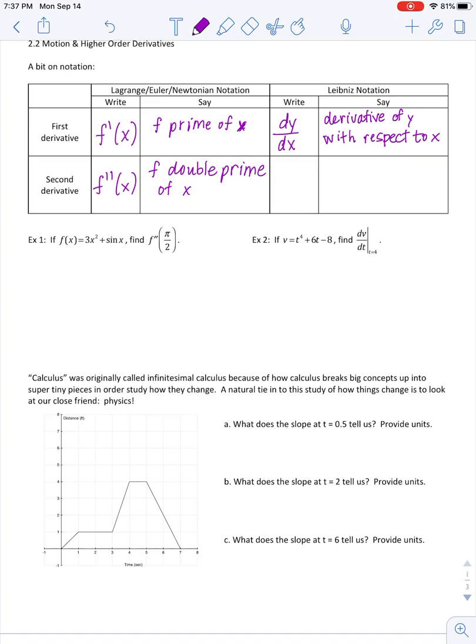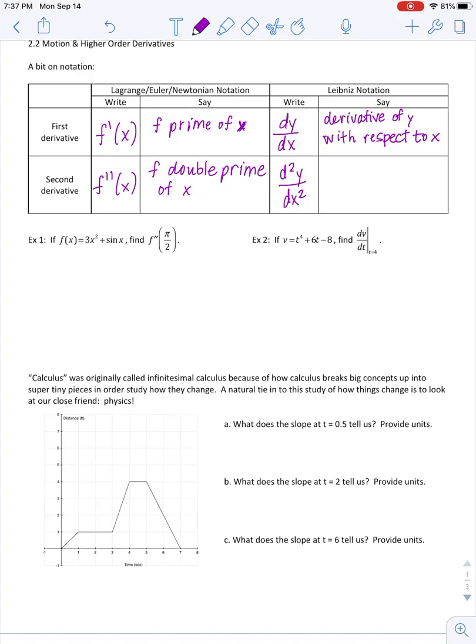And we'll talk about what that means in a minute. Now, he doesn't have a great way to indicate the second derivative. The way he comes up with it is d squared y over dx squared. I don't even really think those are squareds. Those are just indications that we're talking about the second iteration of a derivative.